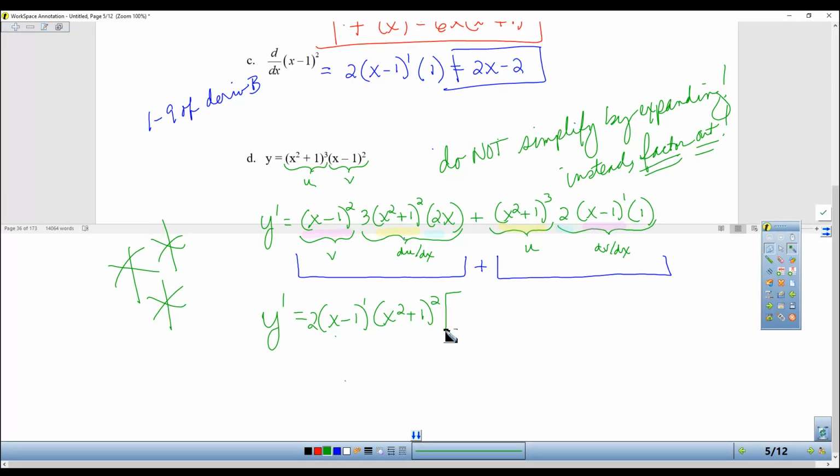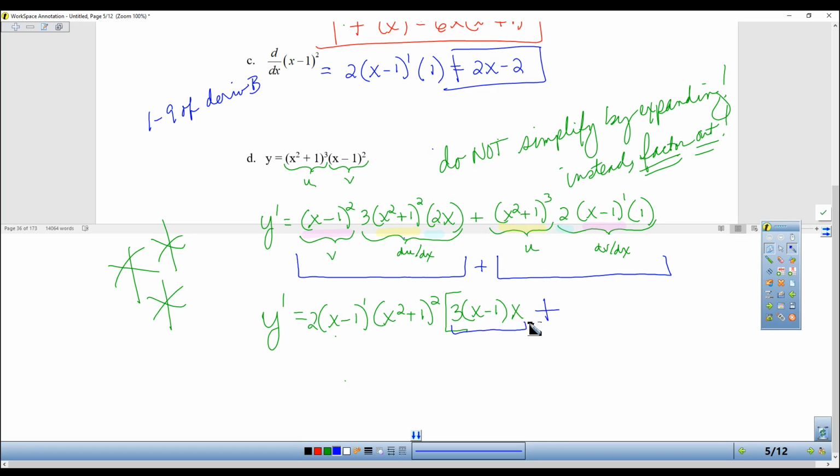So now I'm going to put a big bracket, and I'm going to look for what's left. So with the x minus 1, I only took out 1, which means that there's 1 left. I didn't take out the 3, so there's still a 3. I took out both the x squared plus 1s. There's 2 of them. I took out of them both. But I never took out this x, so there's also an x. That's the first term.